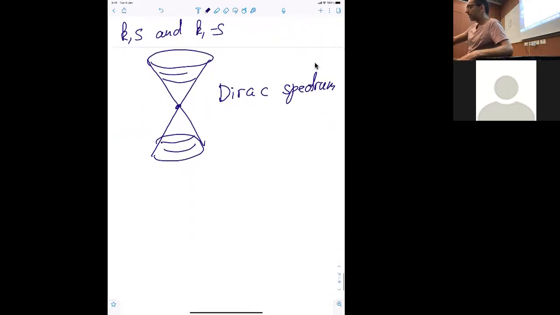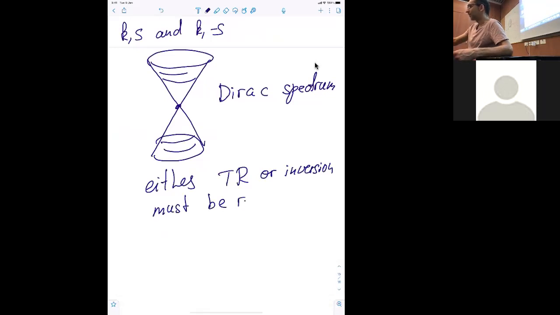Either time reversal or inversion must be lifted. Okay, or both.